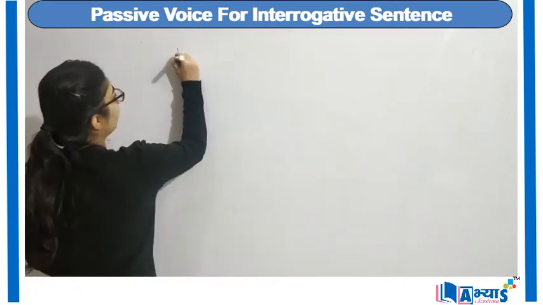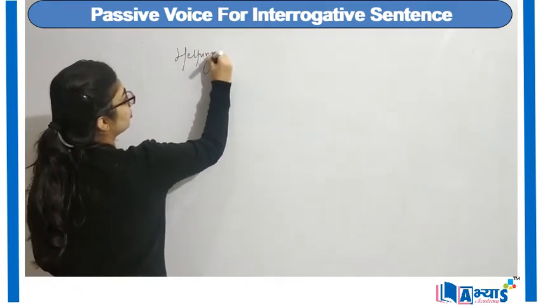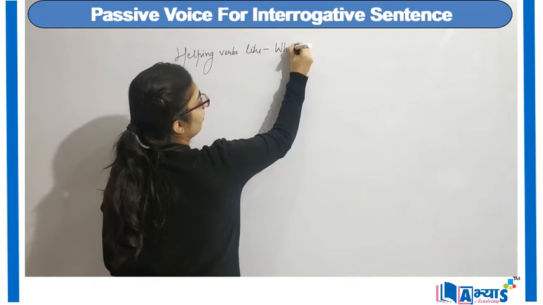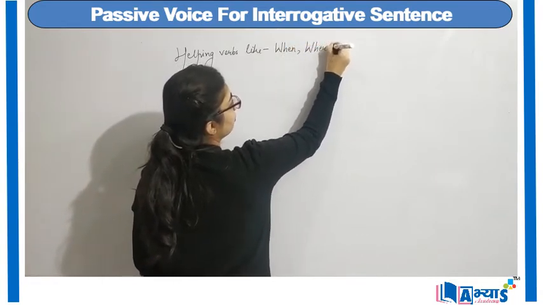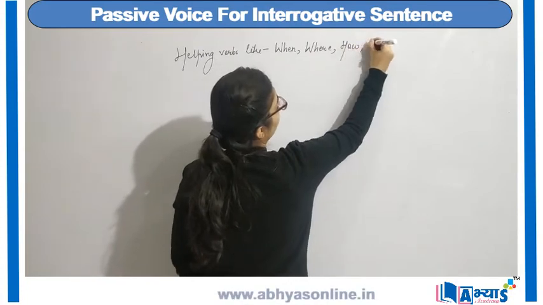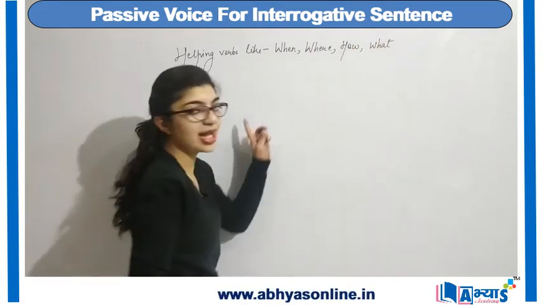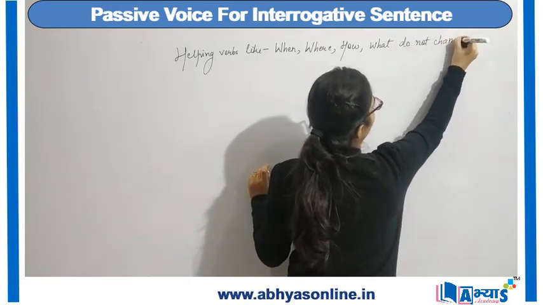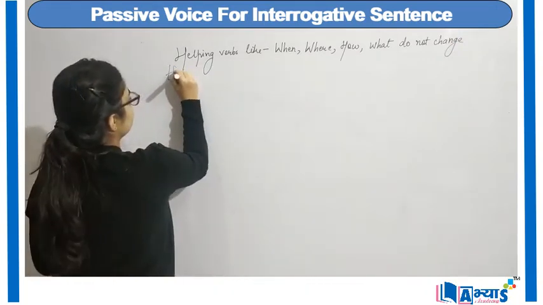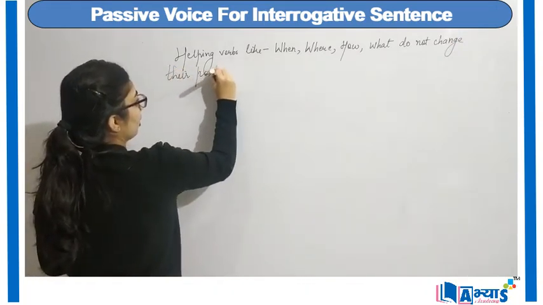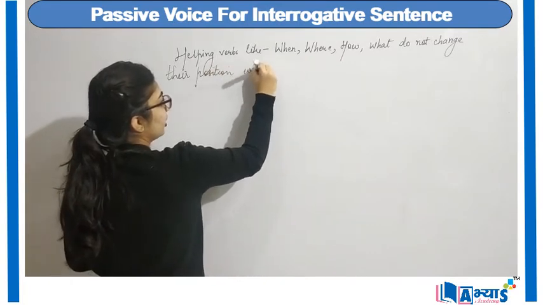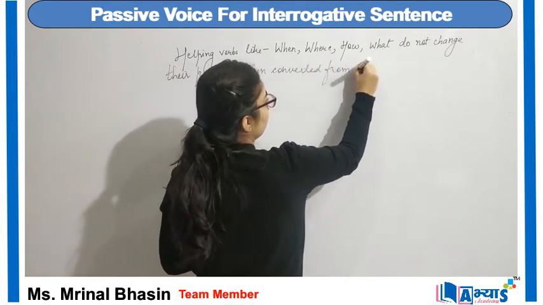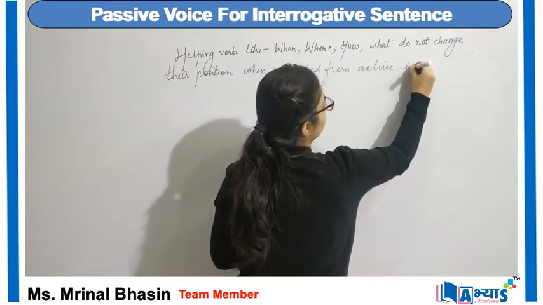So, helping words like when, where, how, what, all these do not change their position when converted from active to passive form.